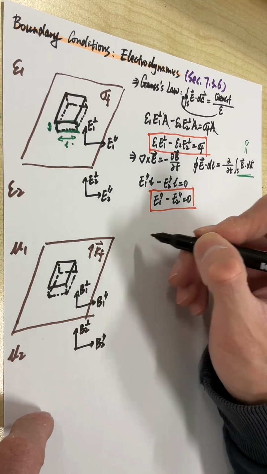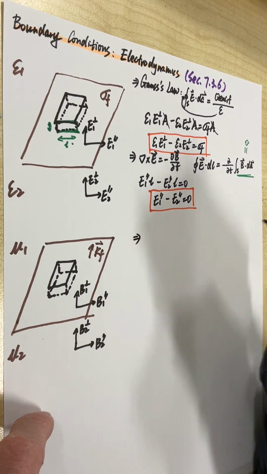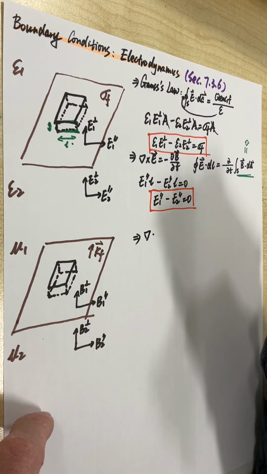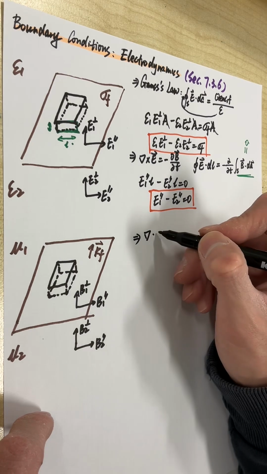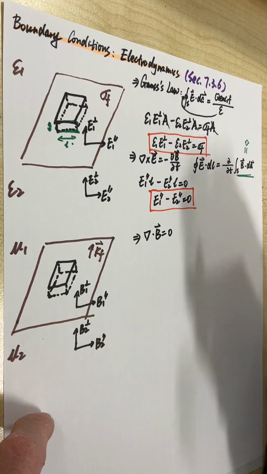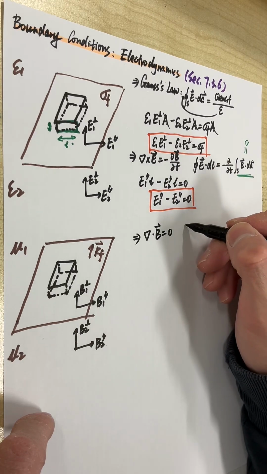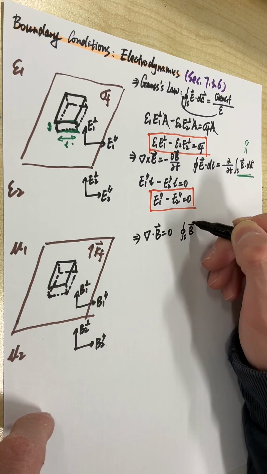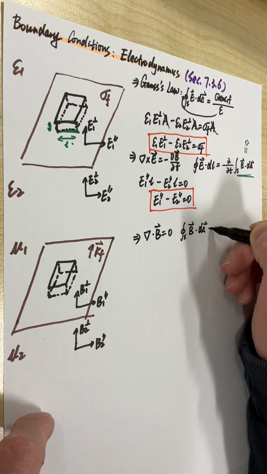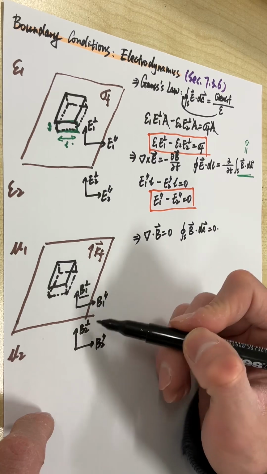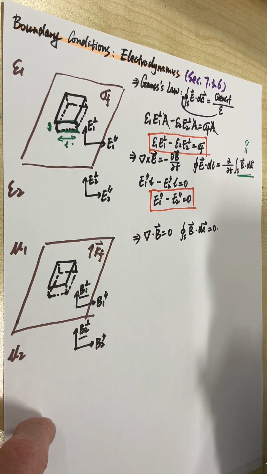First off, we have the important property that the divergence of the B field is always zero. There's no magnetic charge. So in integral form, we have the closed surface integral of B dA equals 0, which means the normal components are equal to each other.